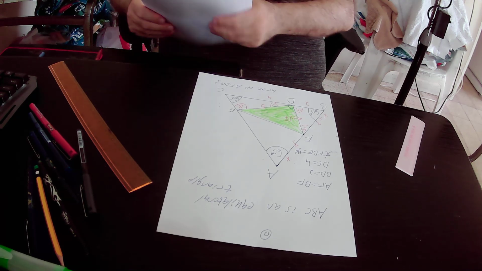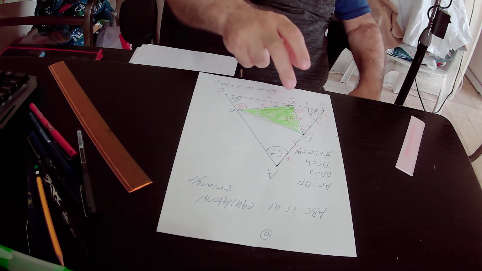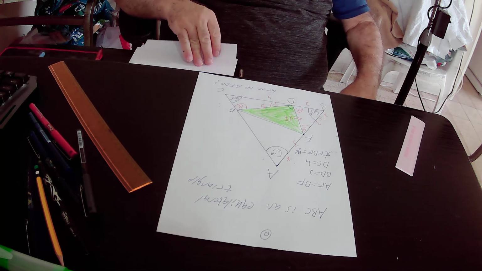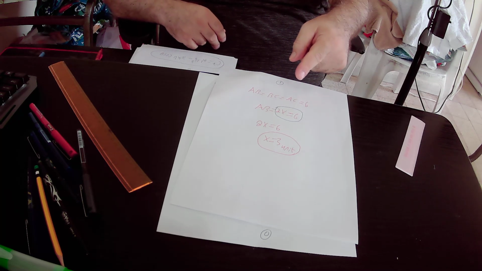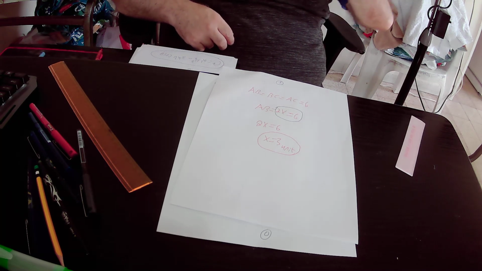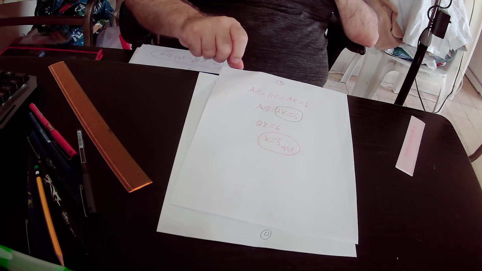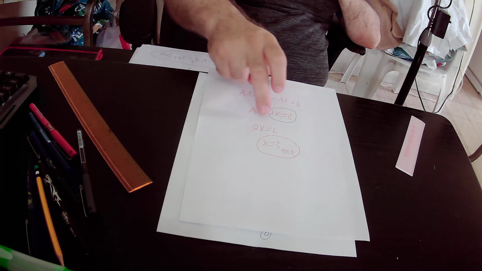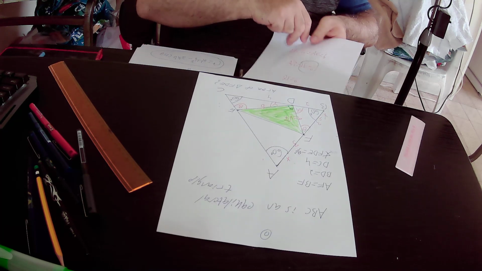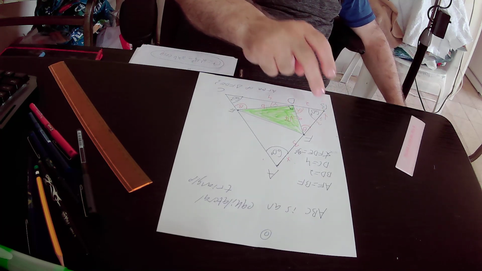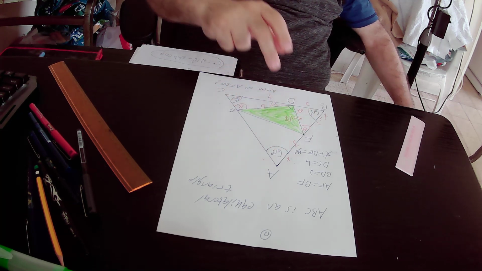AF equals X and BF also equals X, so AF plus BF equals 2X. So 2X equals AB, that equals 6 units, or 2X equals 6 units. We divide this equality by 2, and we get that X equals 3 units. X, that is BF, equals 3 units, and X is also AF, so AF also equals 3 units.